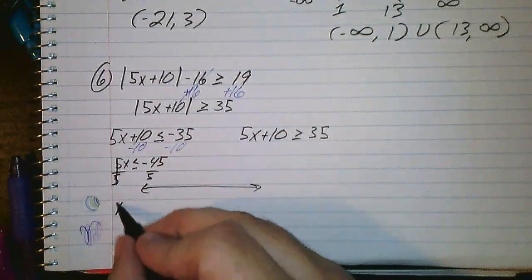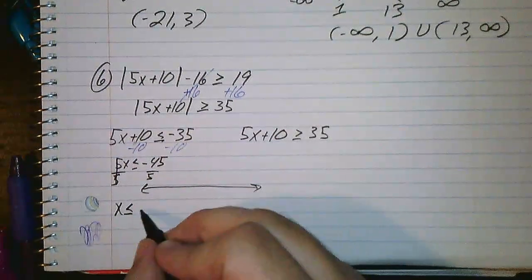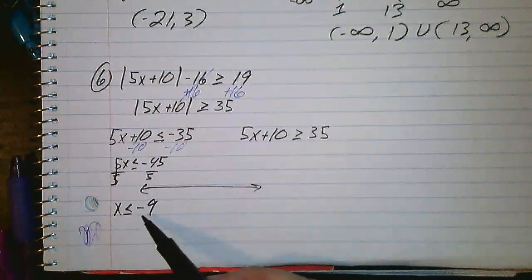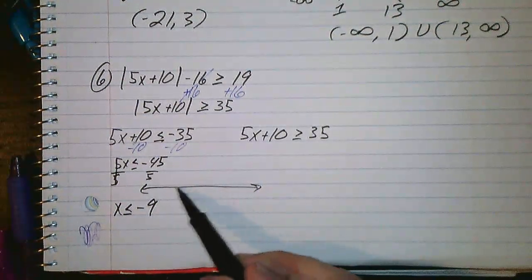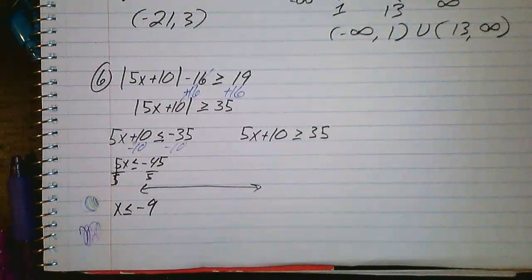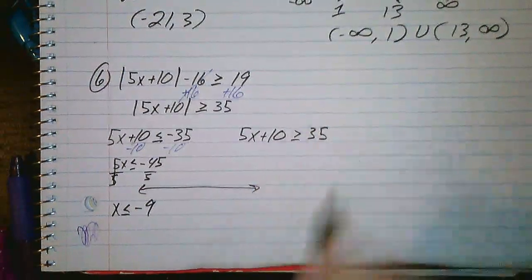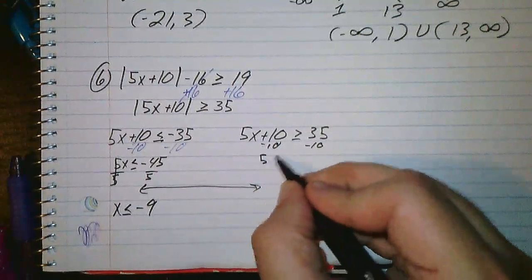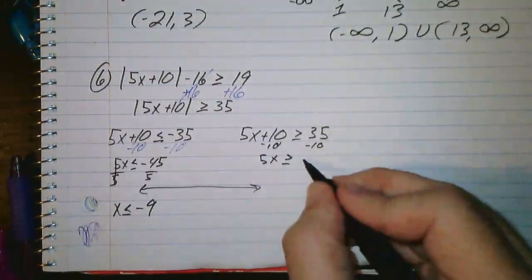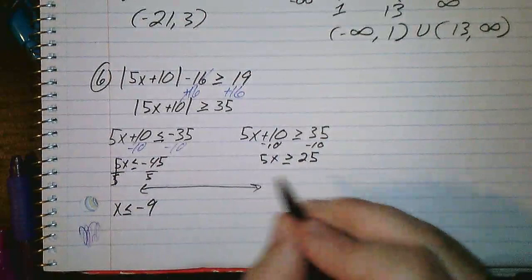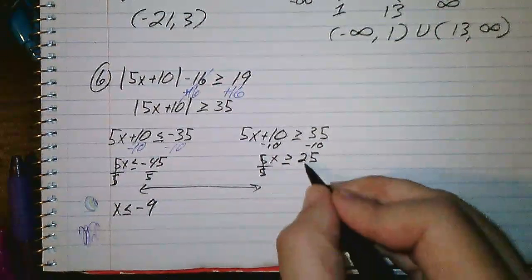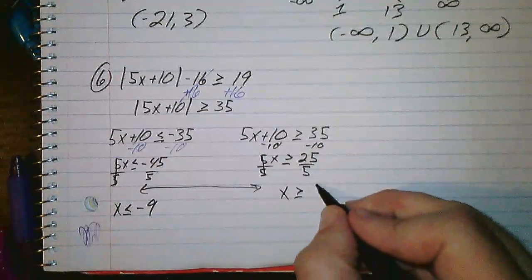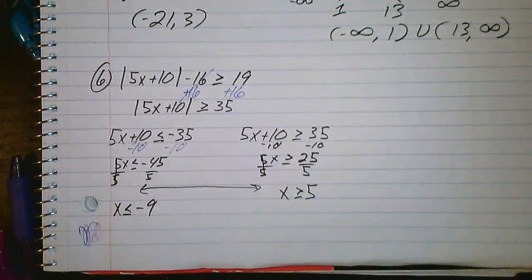X is less than or equal to negative 9. So it's x is less than a value, so it's going to shade towards negative infinity. Over here, we'll subtract the 10, so that 5x is greater than or equal to 25. Divide by 5, so that x is greater than or equal to positive 5.